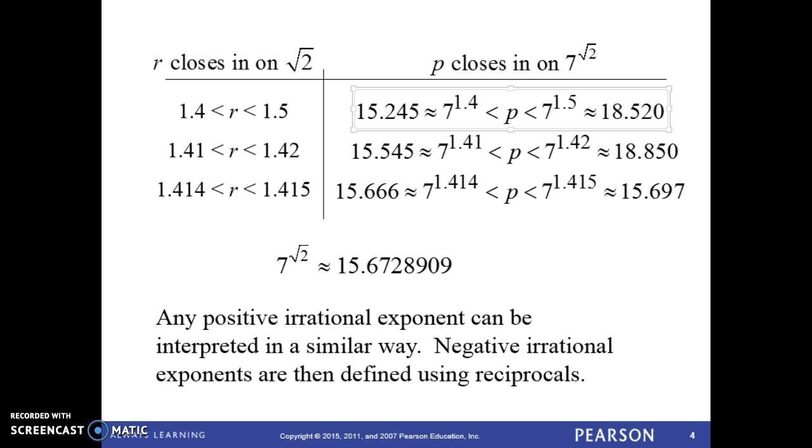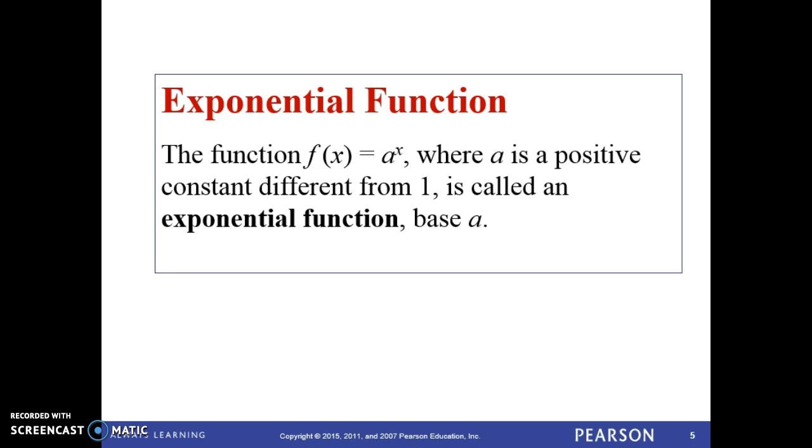So the definition of an exponential function is simply any function where a is positive, anything other than 1, and you have an exponent x, or an x as your exponent. Okay, so they're going to show you some graphs of these things.